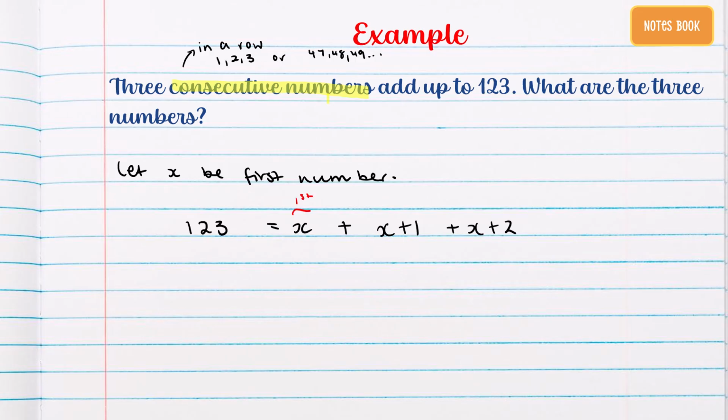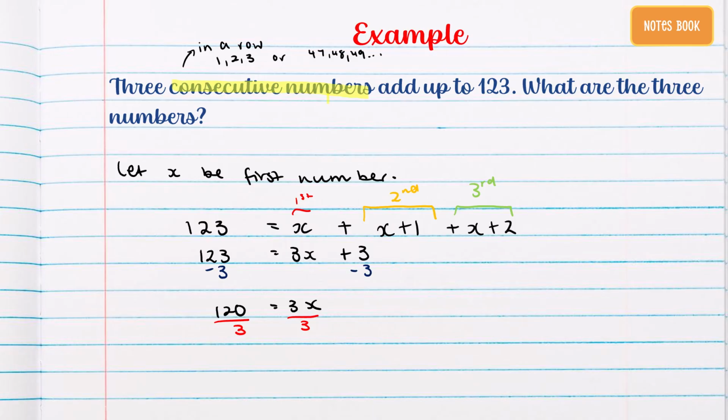So this is my first, X plus 1 is my second, and then X plus 2 is my third. Okay. Now it's a matter of simplifying and solving. So I've got 3x plus 3. I'm going to subtract 3 from both sides, leaving me with 120 equal to 3x, and then I'll be dividing by 3.